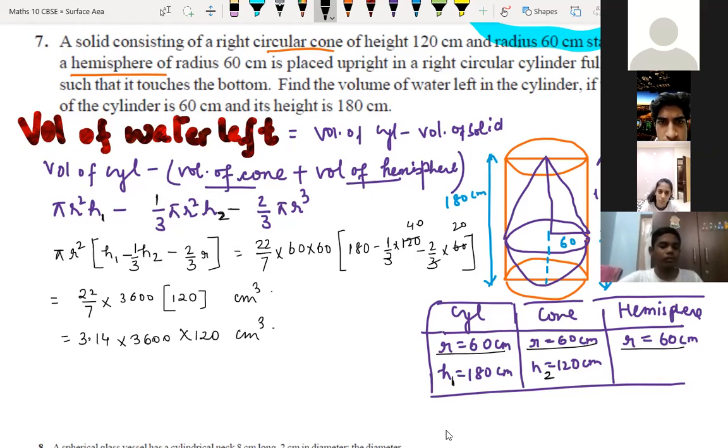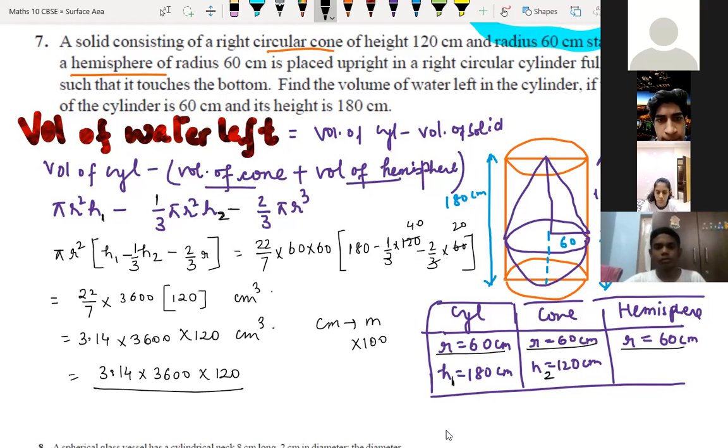And if you want the answer in meter cube, then you can divide by what, children? Sir, it's divided by 10 lakh. Yeah, 3.14 into 3600 into 120. Centimeter to meter conversion, we have to divide by 100 for each dimension, so 100 into 100 into 100 into 100. So this point will go, and here again 20 will come, this 20 gets cancelled, 30 gets cancelled.